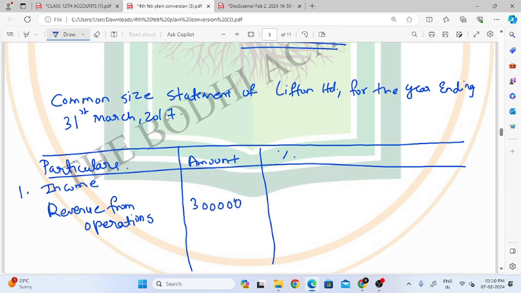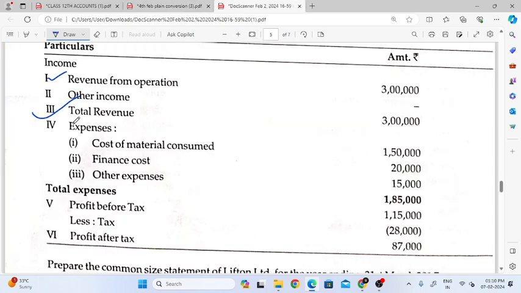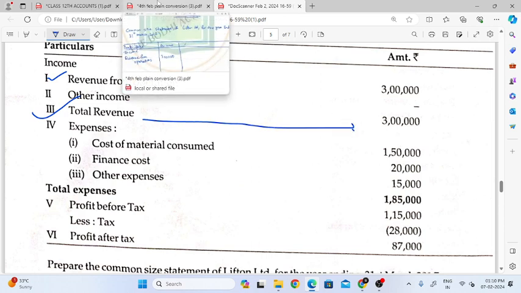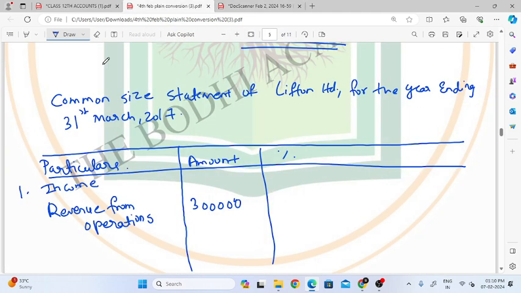So 3 lakh, and now you have to find out how much is the percentage change. So now total revenue they have given as 3 lakh. So here the percentage change will be 3 lakh divided by 3 lakh multiplied by 100, which will give you 100%.